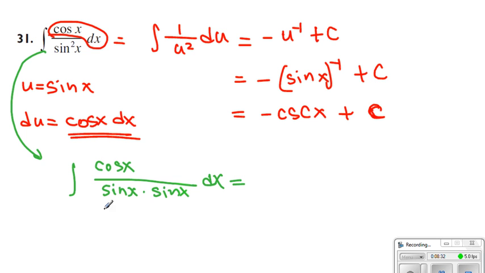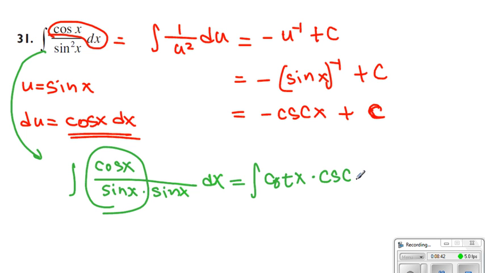Then this becomes cotangent of x times cosecant of x dx. Now, when you take the antiderivative, yes, it does become that right away, because the derivative of cosecant is negative cosecant and cotangent, and we get to see that right away there.